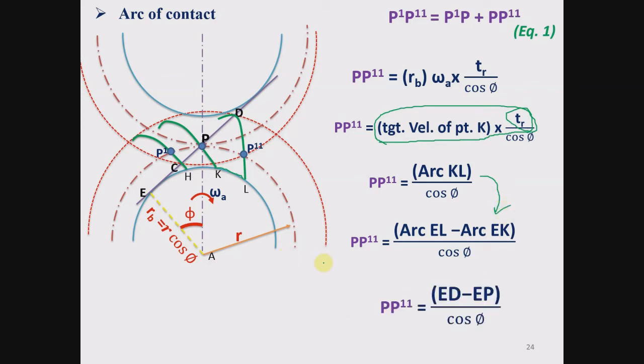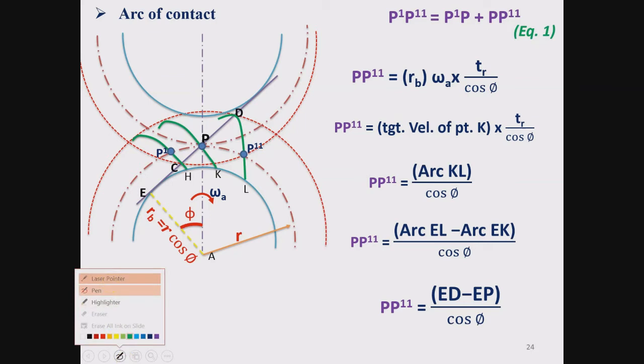Now again, going by the property of involute, what is arc KL? This is arc EL, and this is the distance ED, which is generating the involute from point L above the base circle.